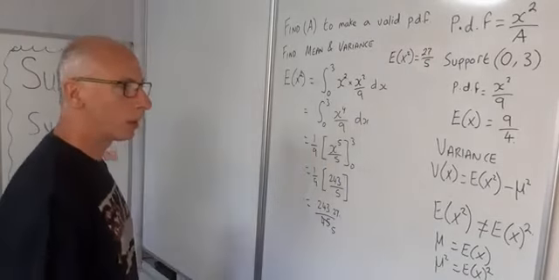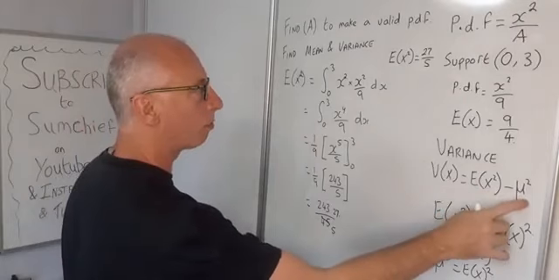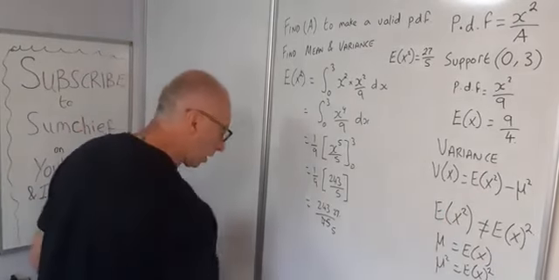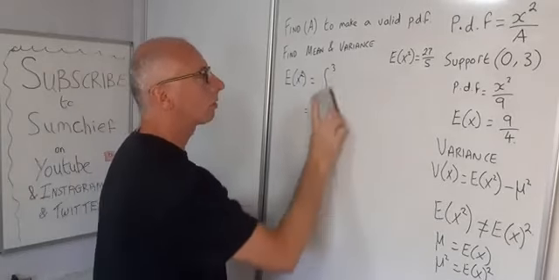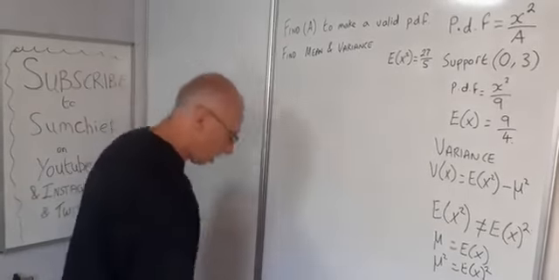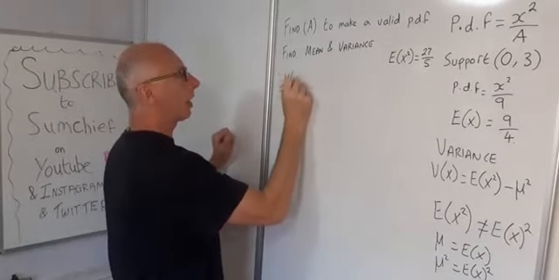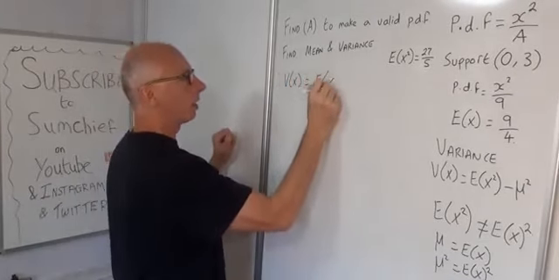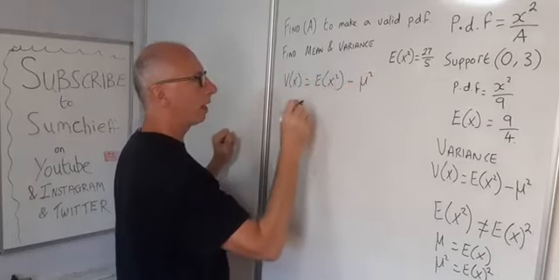Okay, now for the variance we want E of x squared minus mu squared. So let's just take this calculation off the board. So now let's just write it here in full. V of x equals E of x squared minus the mean squared.